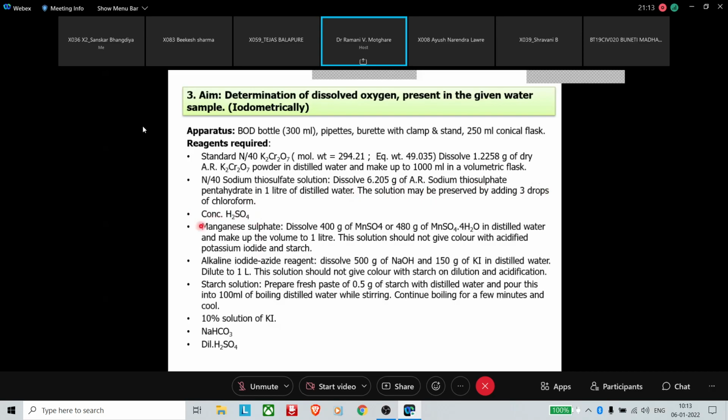Then you need concentrated H2SO4 so that you can prepare a dilute H2SO4 from that. And then concentrated H2SO4 is also required during DO determination.